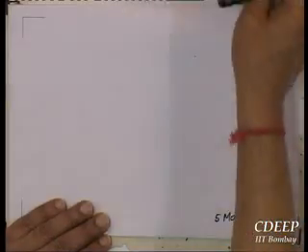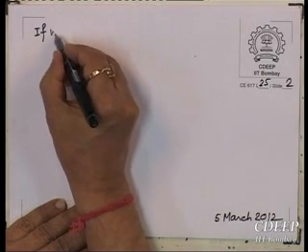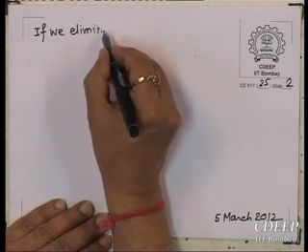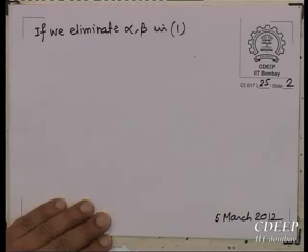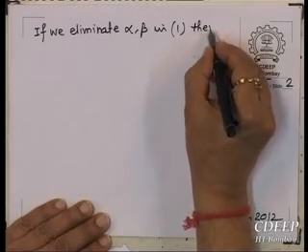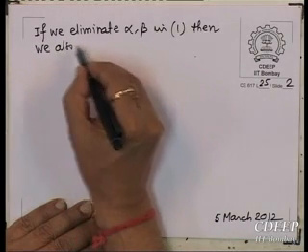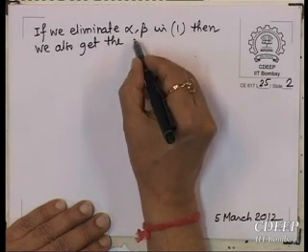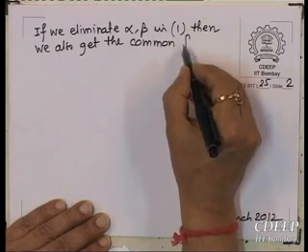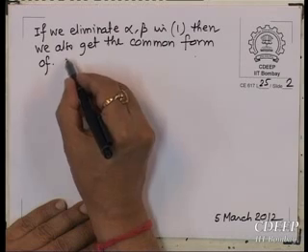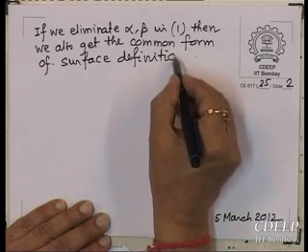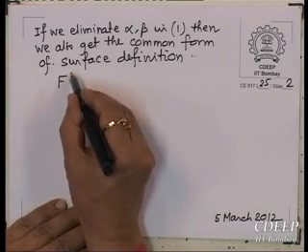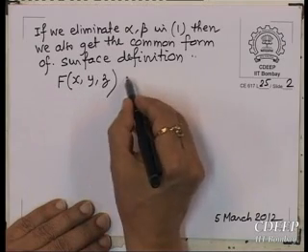If we eliminate alpha and beta in equation 1 somehow, then we also get the common form of surface definition, and that is some function of x, y and z equal to 0.